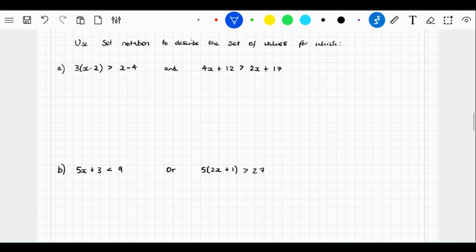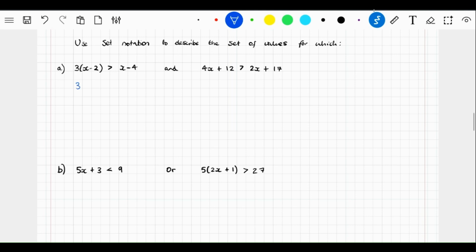So for this next question here, it says use set notation to describe the set of values for which, and then we've got a, which is 3 brackets x minus 2 is greater than x plus x minus 4, and 4x plus 12 is greater than 2x plus 17. So we're going to do the same thing we've done before with the inequalities. So first of all, let's expand this top bit.